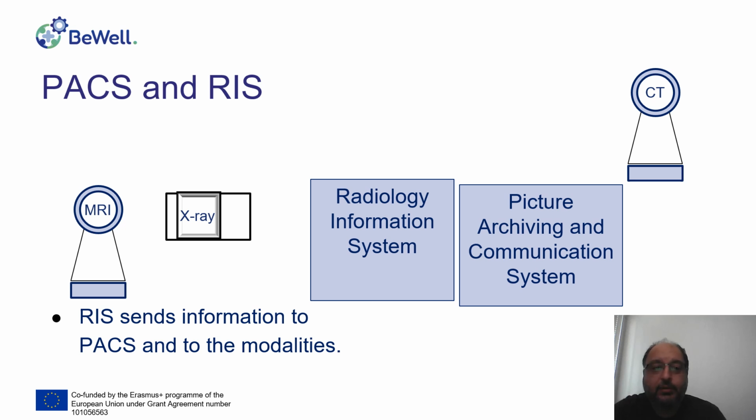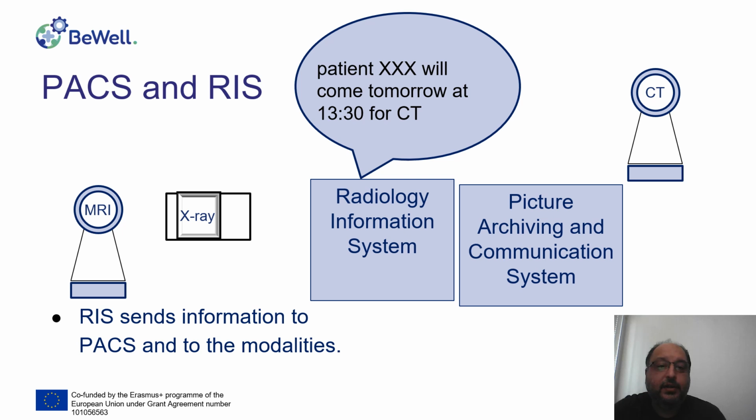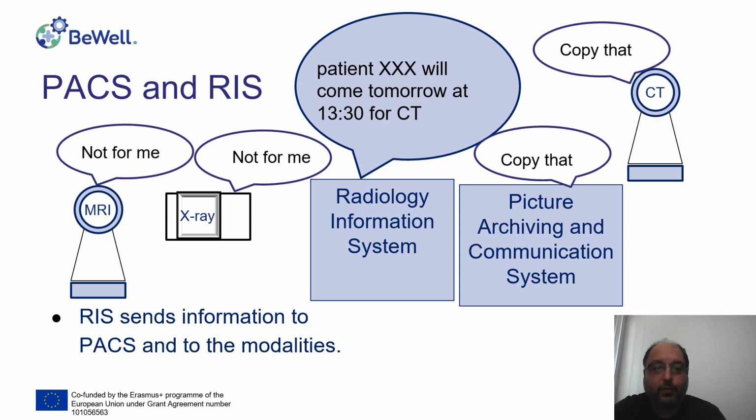Then the radiology information system prepares the so-called DICOM modality worklist with all this data. For example, the radiology information system sends information that some patient will be available next day at 13:00 for a CT exam, and sends this information to everyone. The picture archiving and communication system receives this message, and the CT also accepts it because the patient is scheduled for computed tomography.